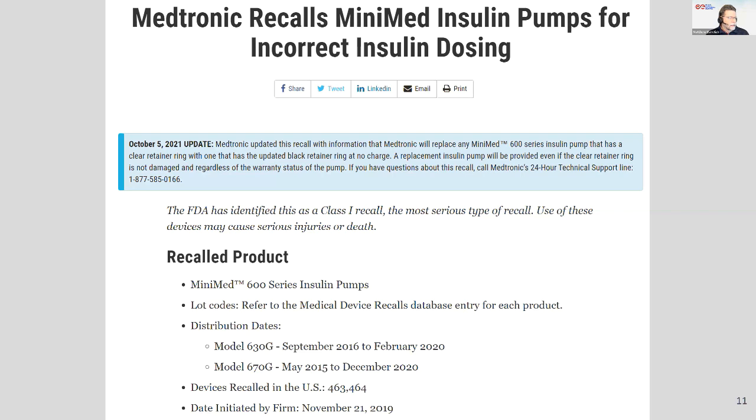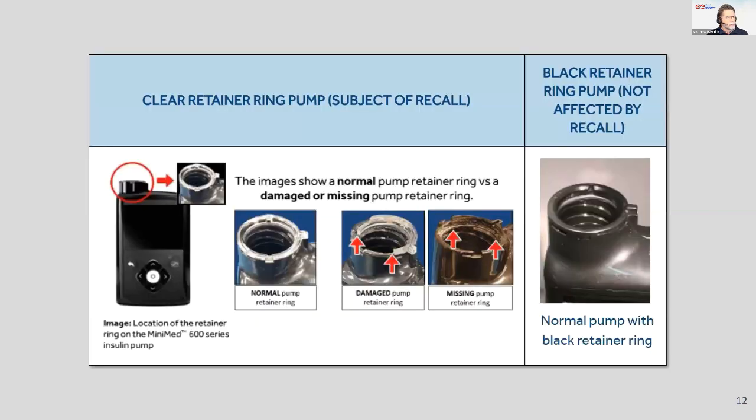In this particular case, the problem, from an FDA website, was that this clear plastic retaining ring developed cracks in some of these. And the retaining ring is what holds the vial of insulin securely within the pump so that it's pumped at the right level.